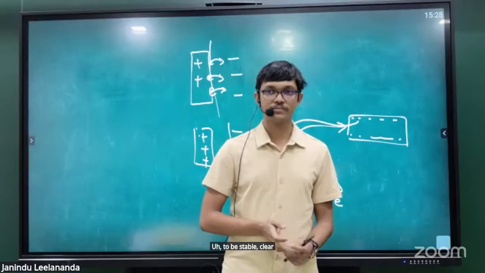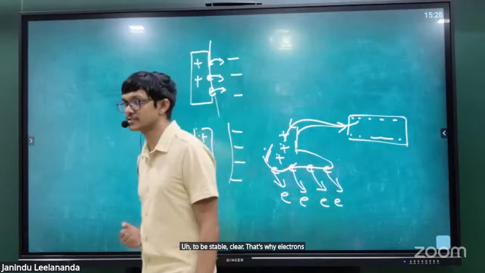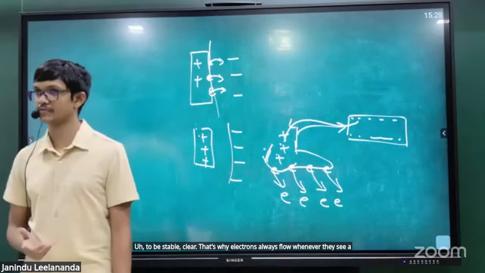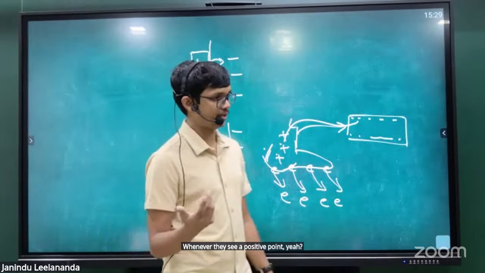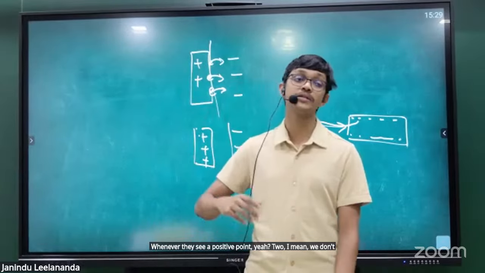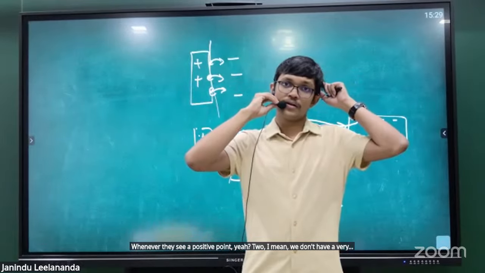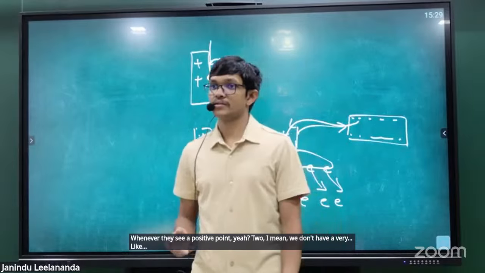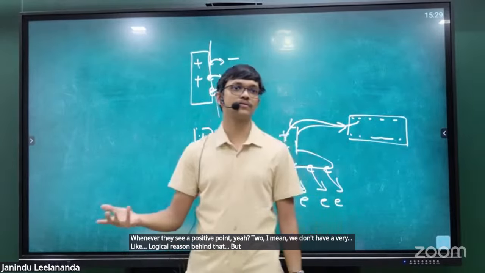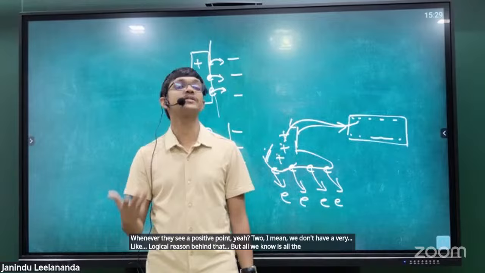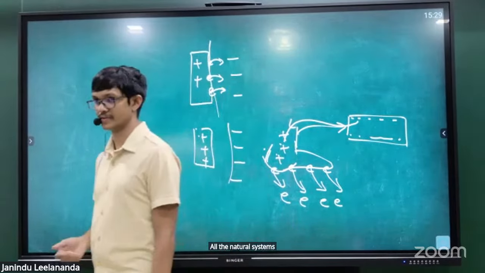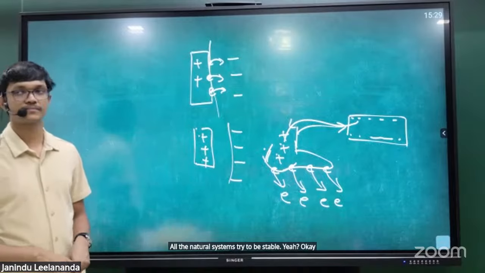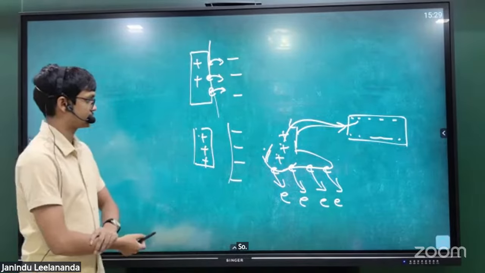That's why electrons always flow whenever they see a positive point. I mean, we don't have a very logical reason behind that, but all we know is all the natural systems try to be stable. That's all. Clear? Okay. So next.